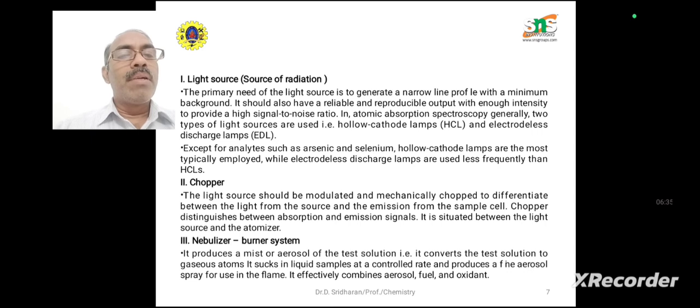Then the third component, the nebulizer, coming from our sample burner system. It produces a mist or aerosol of the test solution. It converts the test solution to gaseous atoms.